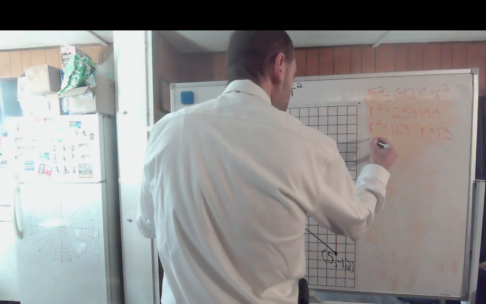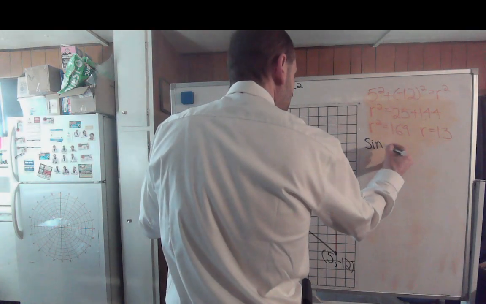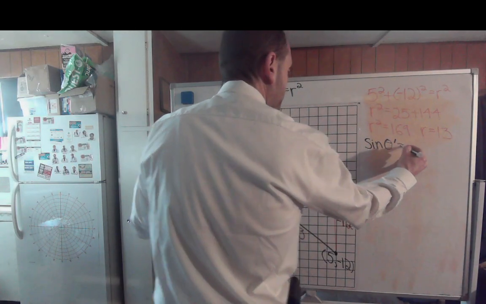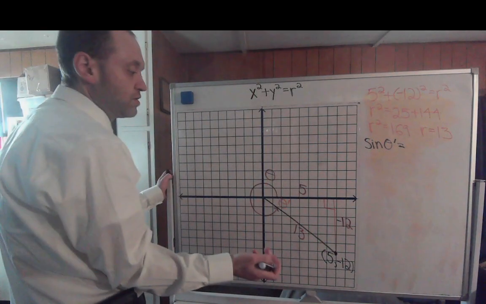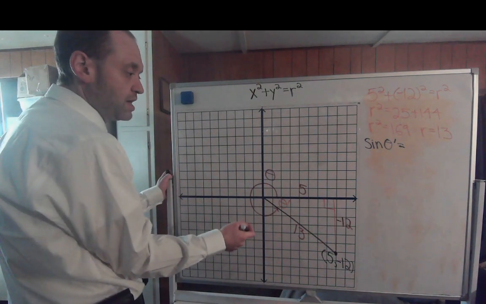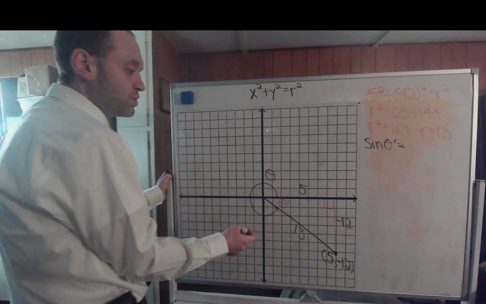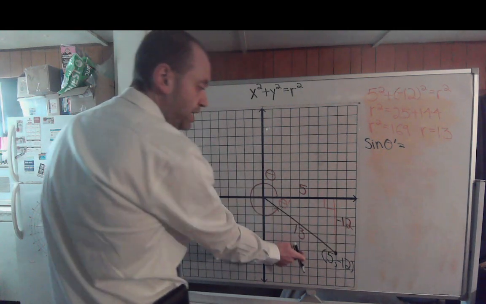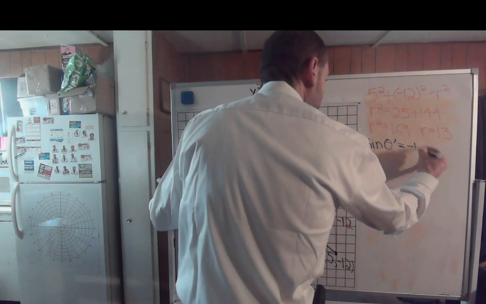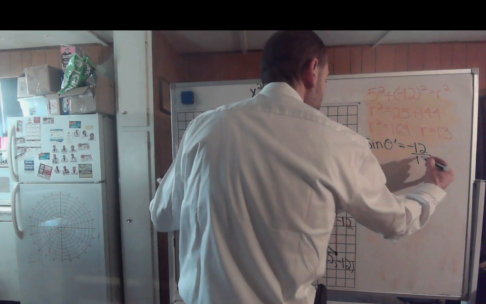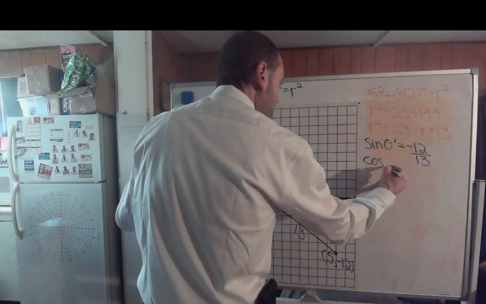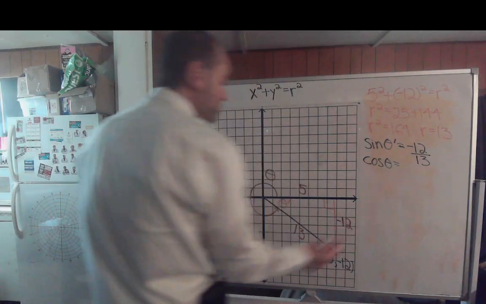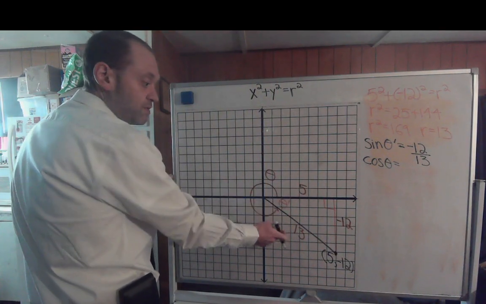So the sine of theta prime, which really is the sine of theta, it's just simply finding the reference angle, which would be the same thing. So sine is going to be opposite over hypotenuse. That would end up being -12/13. Your cosine of theta, well, that would be your adjacent side over the hypotenuse.